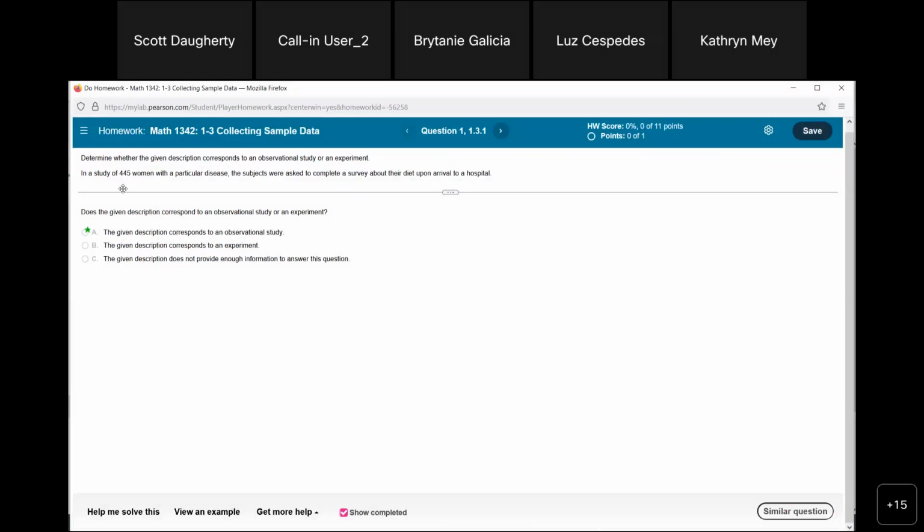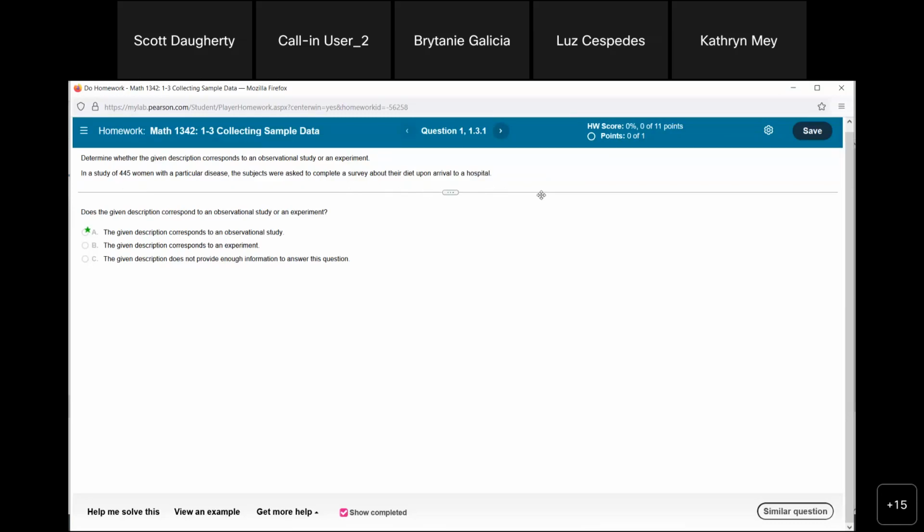All right, so in this first example, they say 445 women. In a study of 445 women with a particular disease, the subjects were asked to complete a survey about diet upon arrival to a hospital. So what was their diet like? Now, if you think about this carefully, all they're doing is collecting data on these women about their diets.